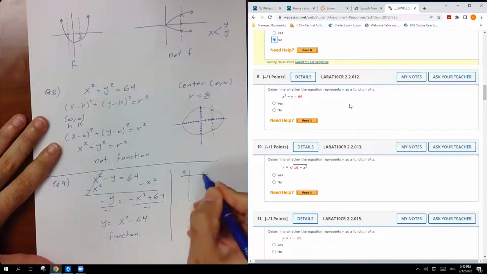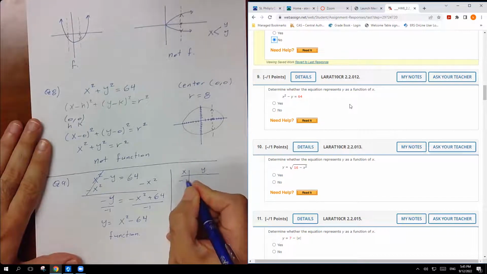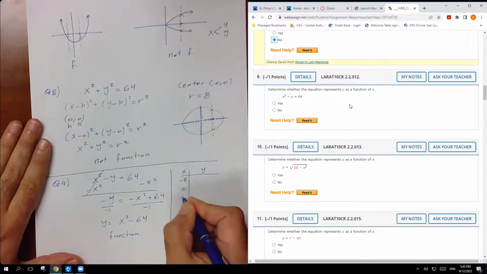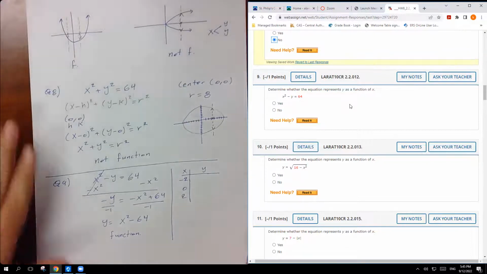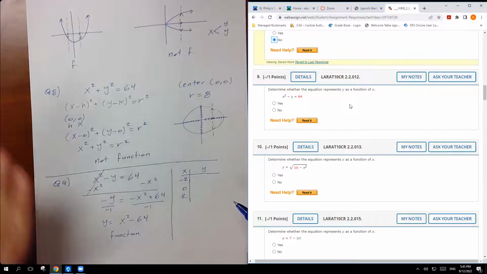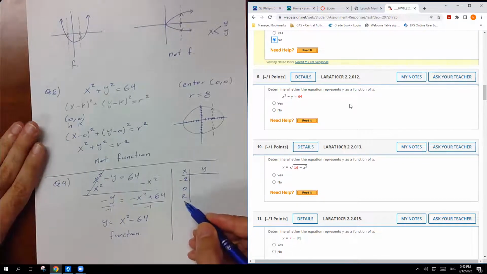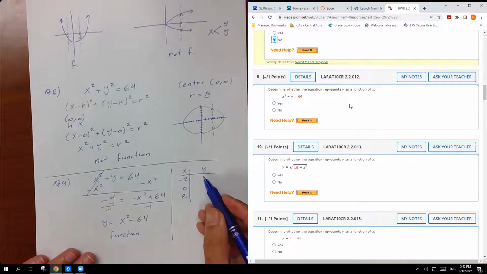Here is x, and I'm going to find the y. So I'm going to pick -2, 0, and 2 from the domain, because the domain for this function, x squared minus 64, is all real numbers. You can plug in any number, positive or negative. So -2, 0, and 2. We're going to plug in these 3 numbers to find the y.